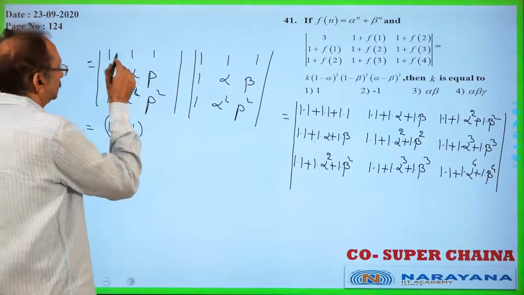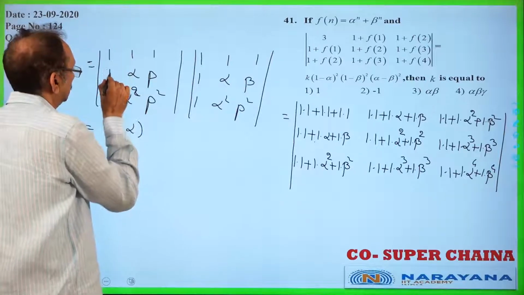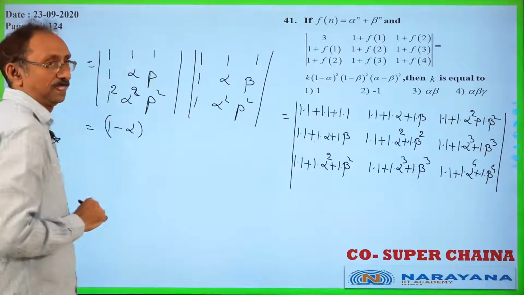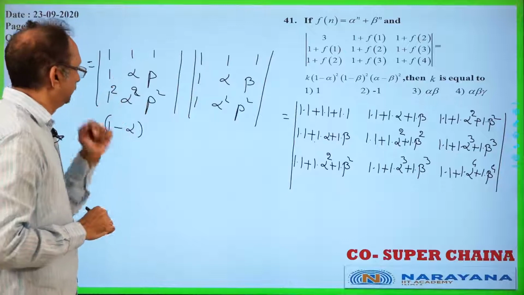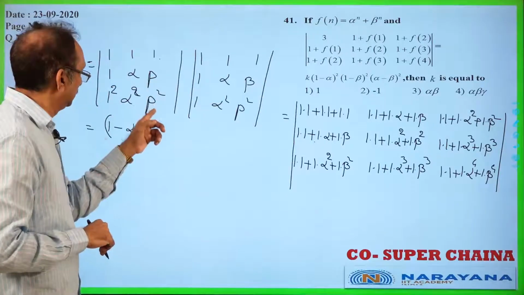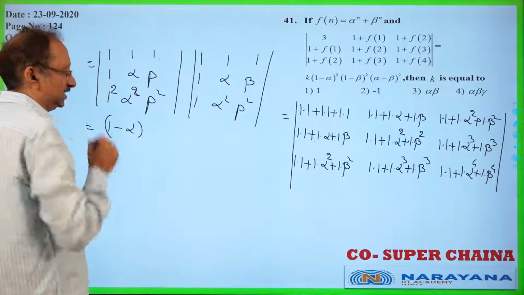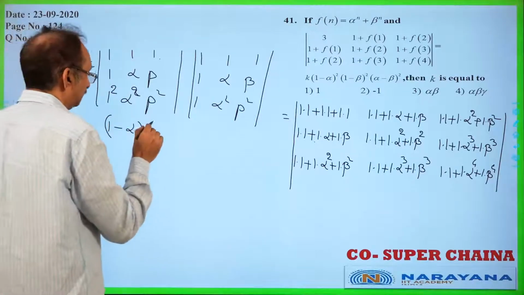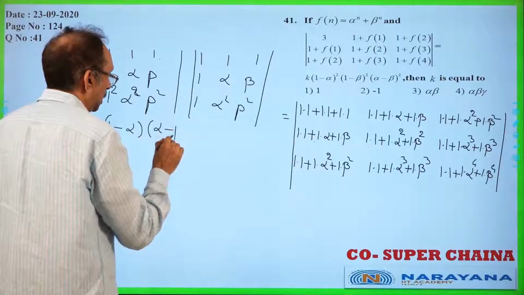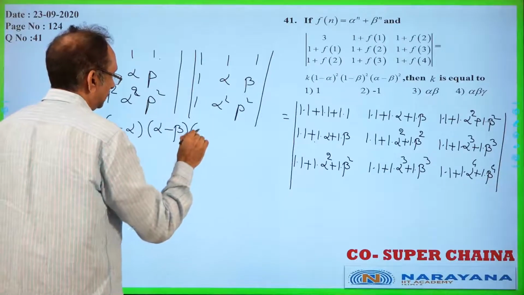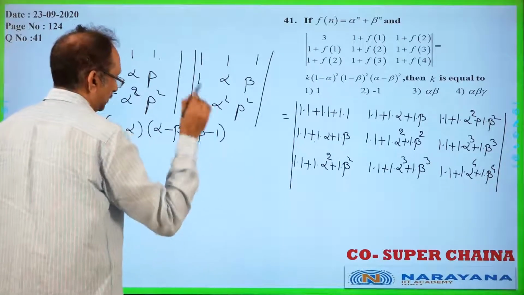And therefore, see, this is 1 a a square, 1 b b square, 1 c c square. Therefore in place of a there is 1. So 1 minus alpha into alpha minus beta into beta minus 1.